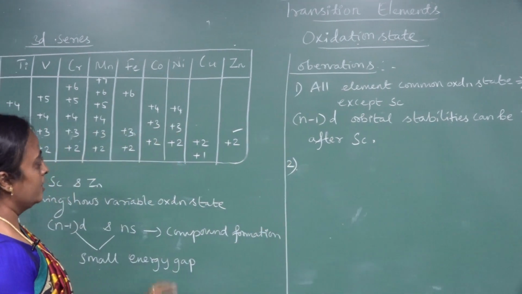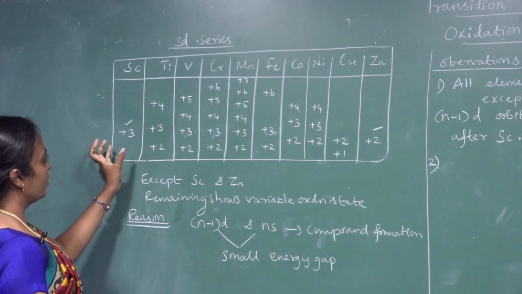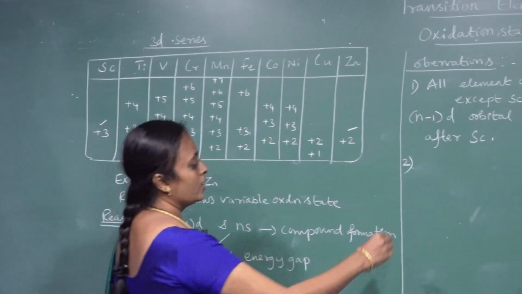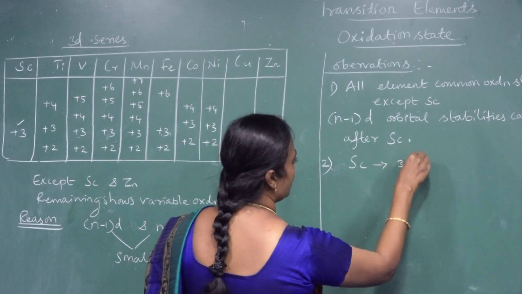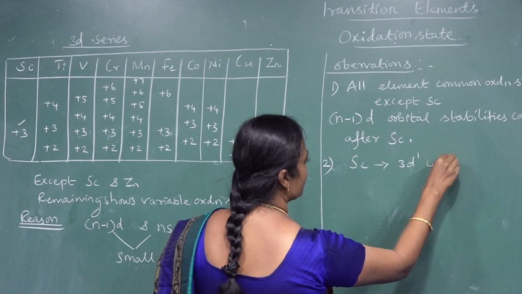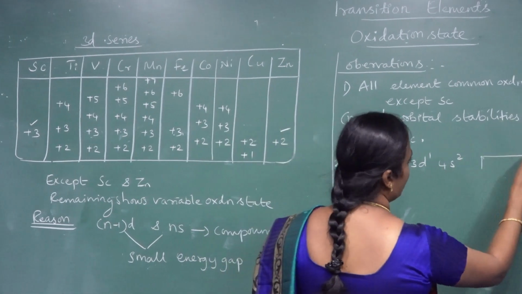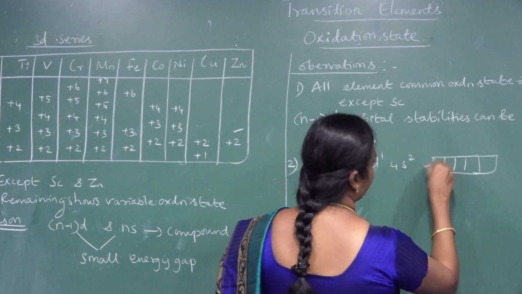Second, if you move from scandium to titanium, let me write the outer electronic configuration. Scandium is 3d1 4s2, so the number of d electrons available is only 1.